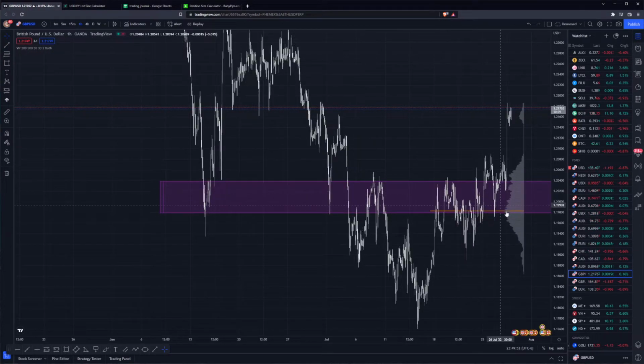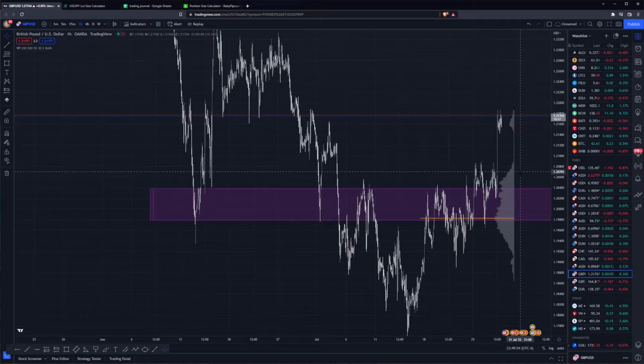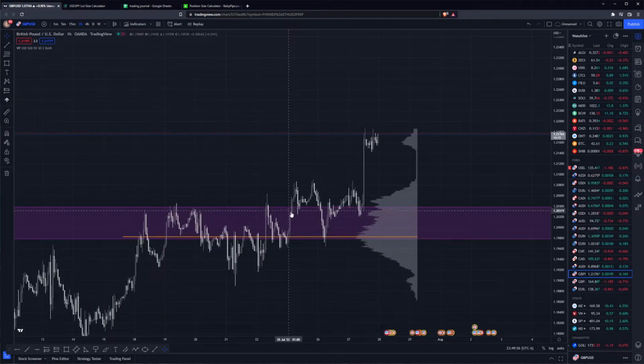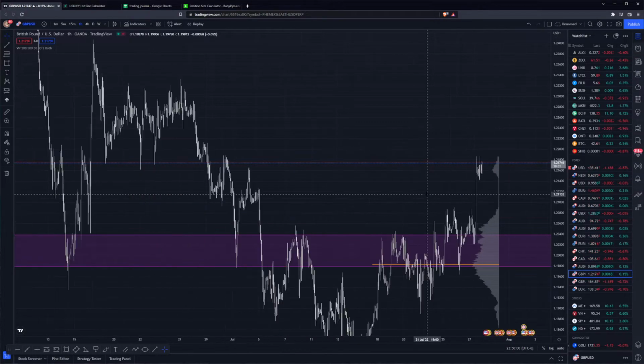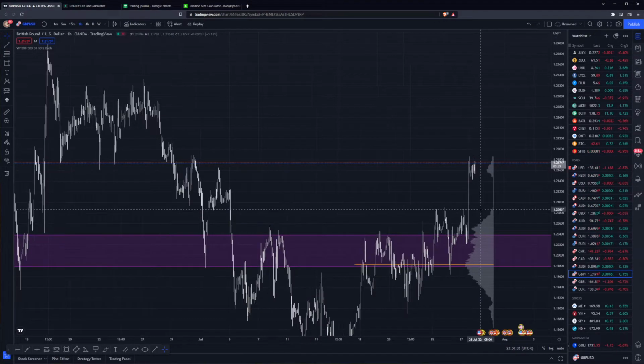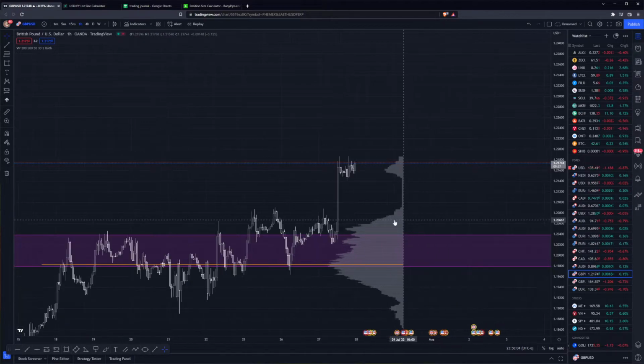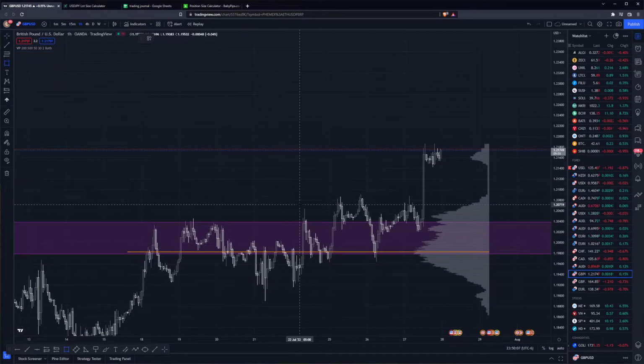So we have this zone here. It looks like it's a pretty good one. Missed out on a break and retest long here. Did shoot up here, and we can probably draw a zone here, something like that.